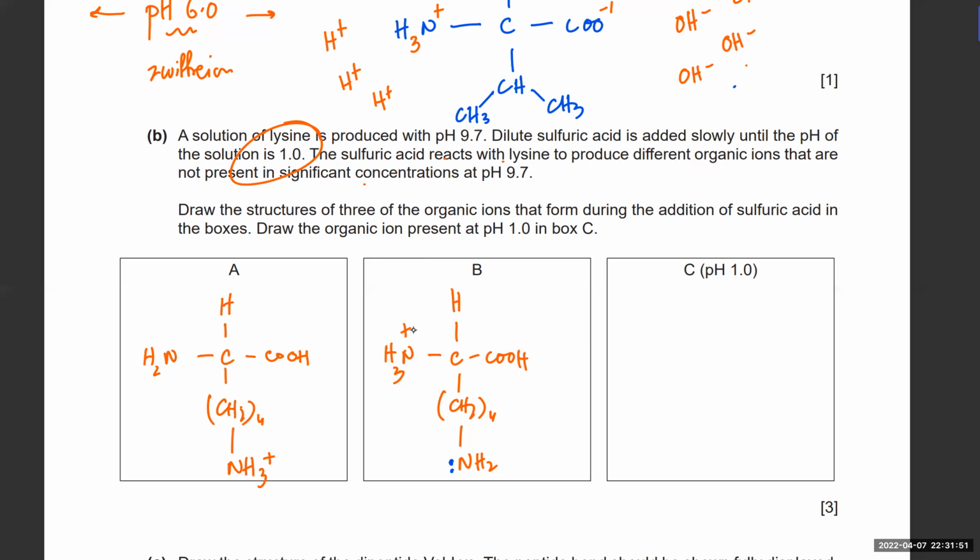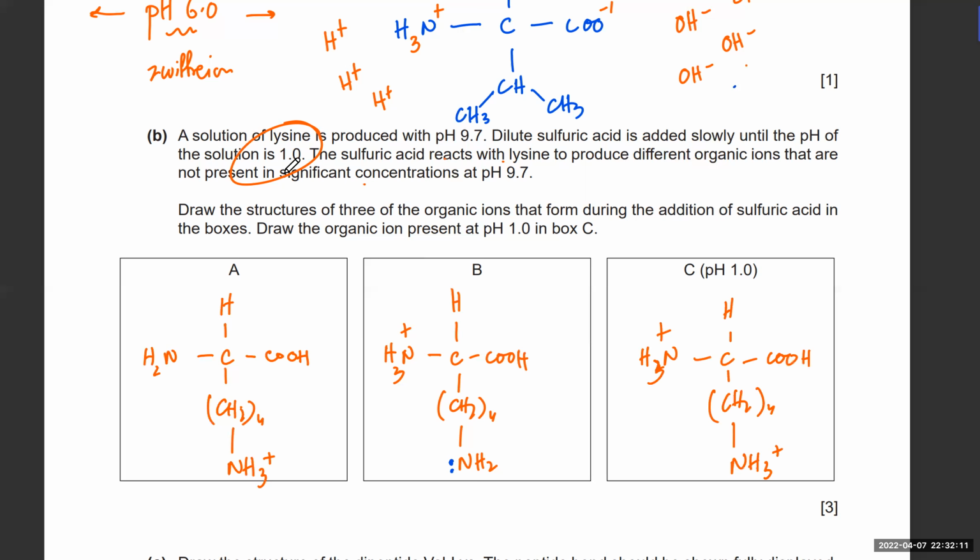Or the third one that's possible is both of them end up gaining H plus 1 ions because you've got 2 basic groups. So this one gains H plus 1 and the other one also ends up gaining H plus 1.